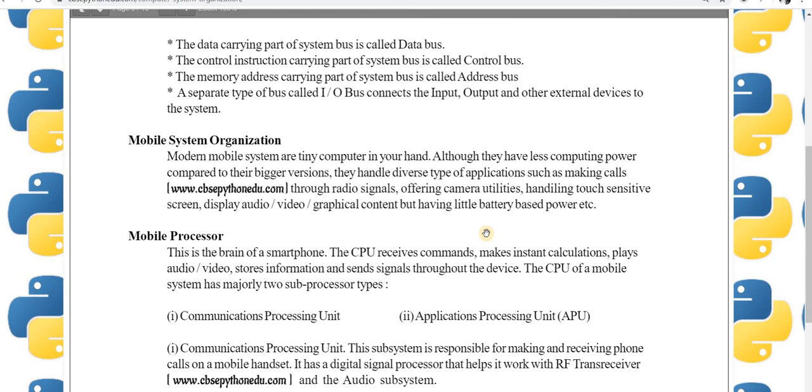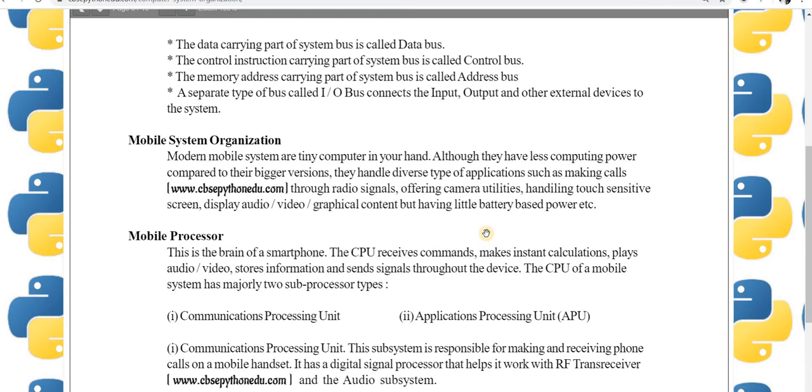Okay, so what is a mobile processor? This is the brain of a smartphone, just like the CPU in our computer system. In a mobile there is also a processor which is the brain of that mobile.